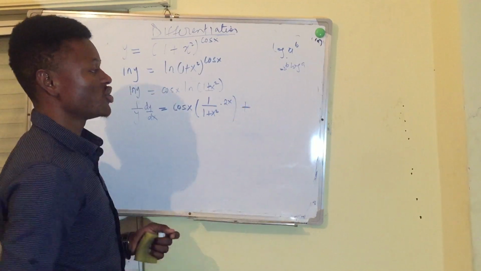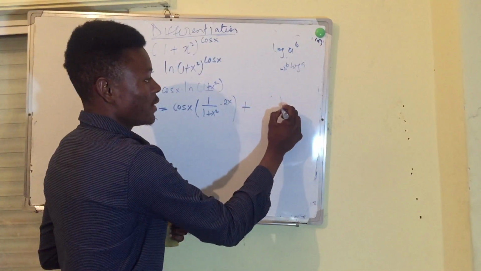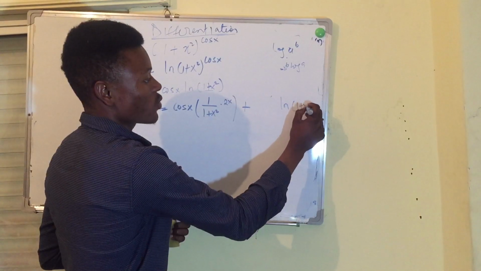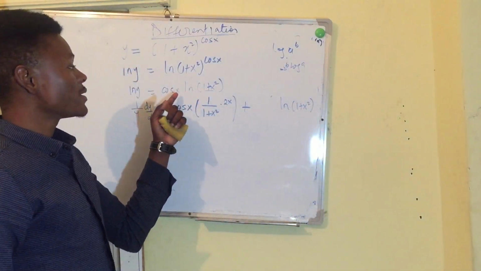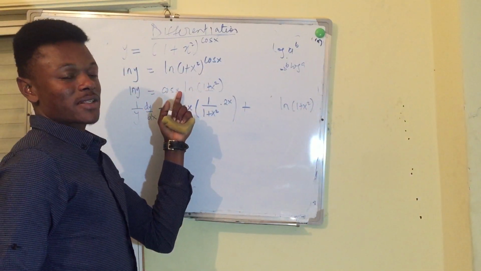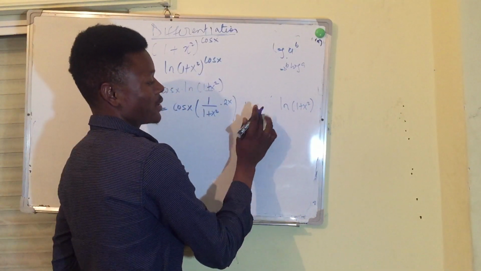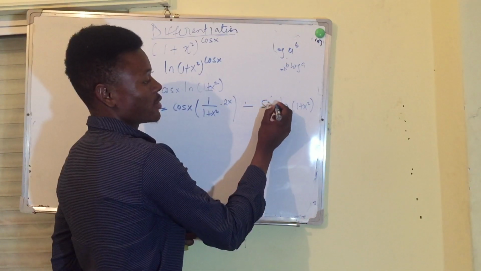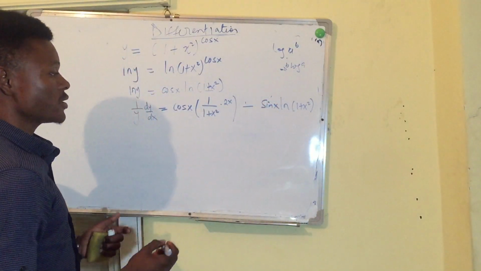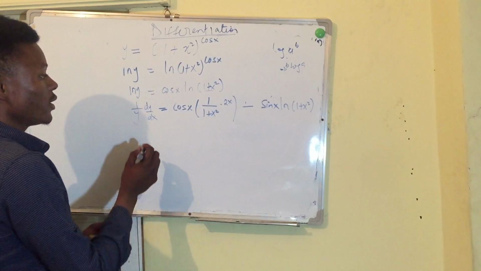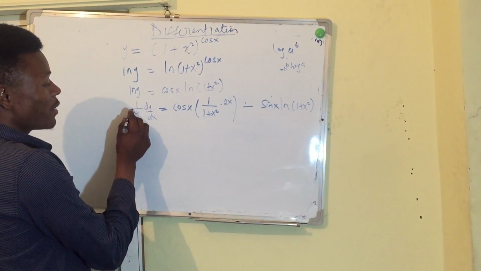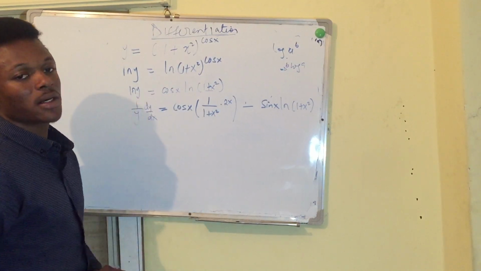Then plus g of x, that is ln (1 plus x squared), multiplied by the derivative of f of x, that is negative sin x. So this is it. Next we multiply by y, leaving dy/dx.